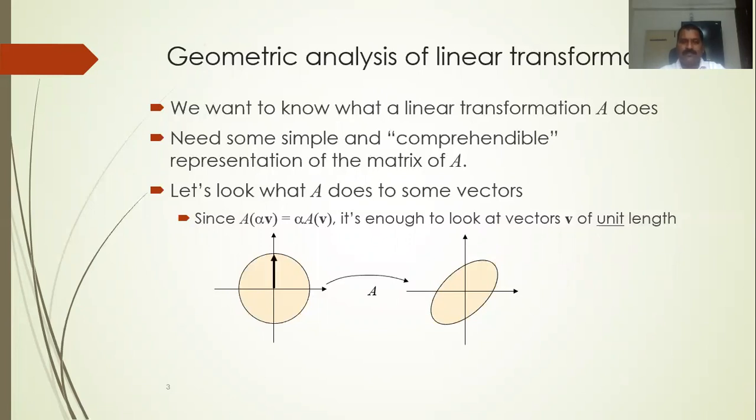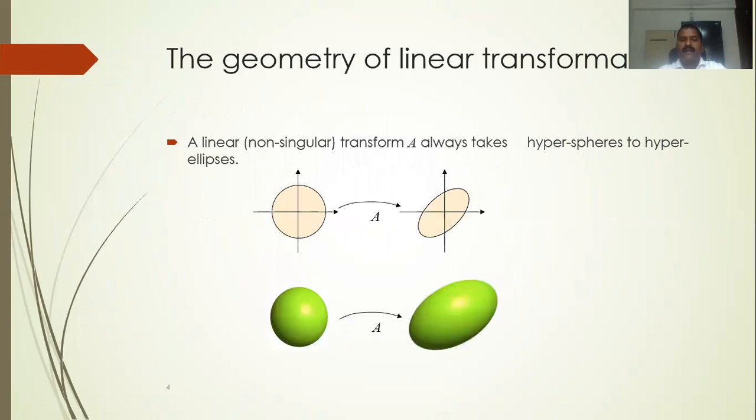For example, here, this matrix A is transforming the black vector onto Y space like that. The green vector goes like that. And if A happens to be a non-singular matrix, then dimension is preserved. Hyperspheres will go into hyperellipses.